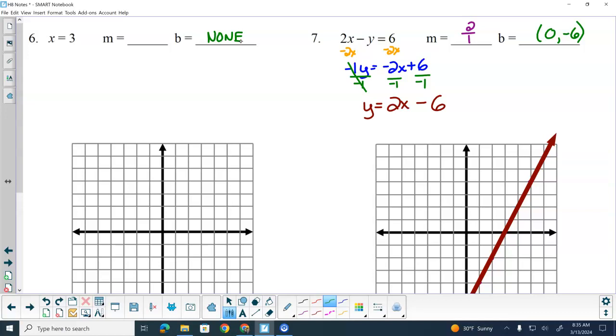What else does it mean in terms of my slope? What would the slope be of this line if I can't put it in y equals mx plus b form? It would not be 0 because 0 is a slope. We can do 0/1. We can rise 0 and run 1. So 0 is an actual slope. So we can put lines with slope of 0 in y equals mx plus b form.